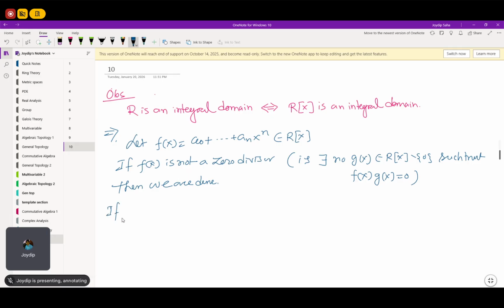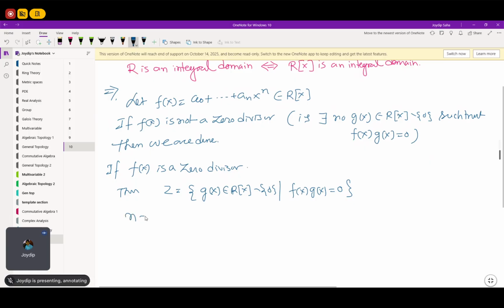If f(x) is a zero divisor, then let Z be the collection of g(x) in R[x] minus 0 such that f(x)g(x) equals 0.